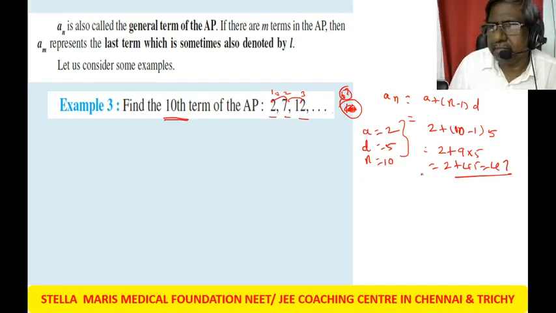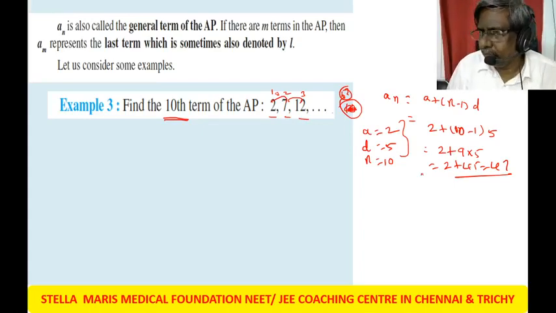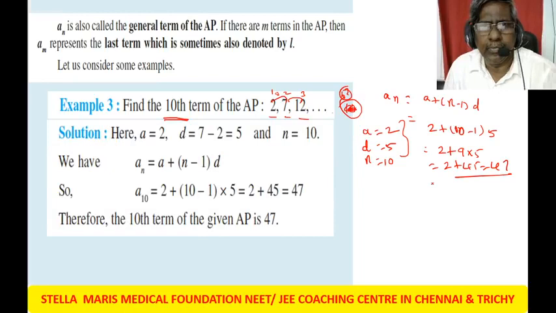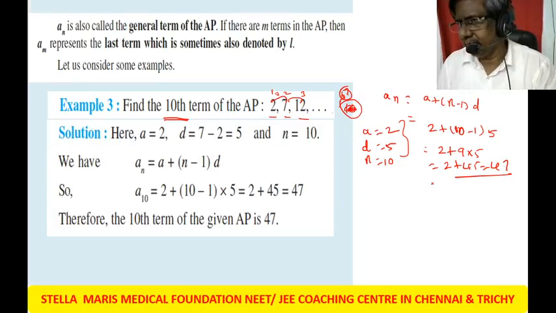Sai, can you check this? Chaudhary, Shivakumar, do you understand this? Rahul Raj has come. What about Lavanya? 2 plus 45 is equal to 47, it should come like this. See how it has worked out.